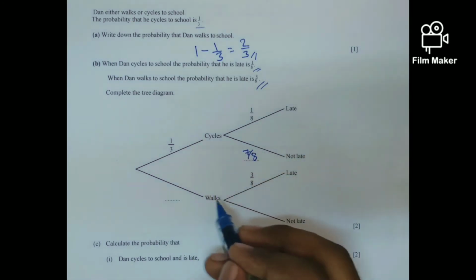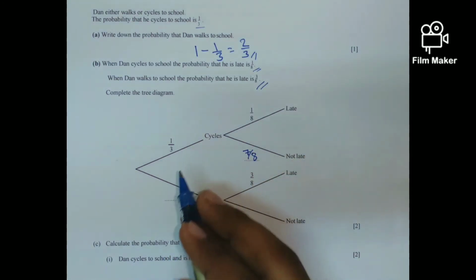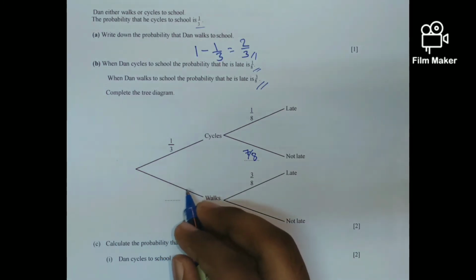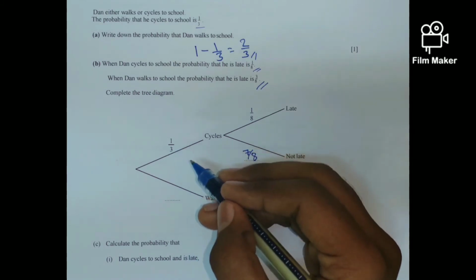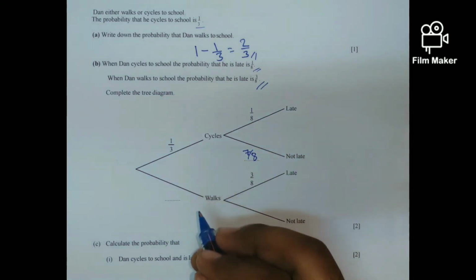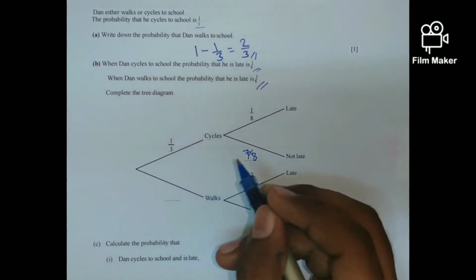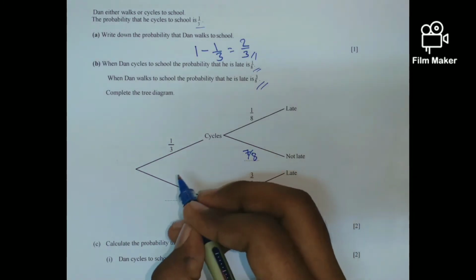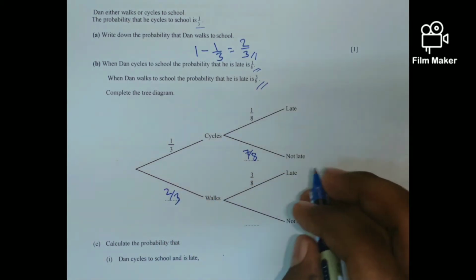Now over here, for the 1 by 3, we subtract 1 minus 1 upon 3, because if we add 1 by 3 and this probability, it should equal 1. So 1 minus 1 by 3 would be equal to 2 by 3.